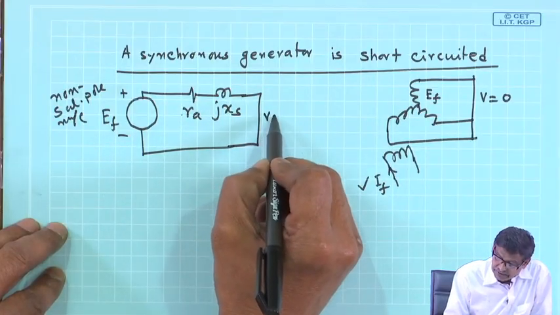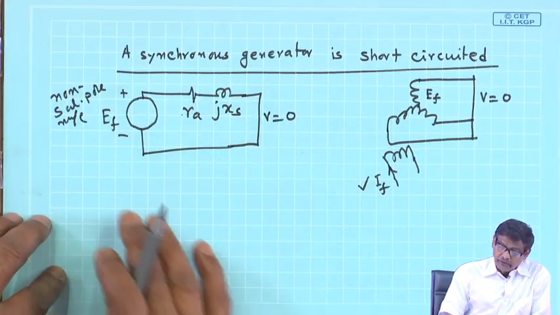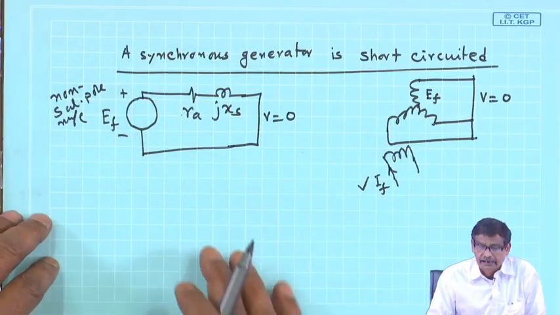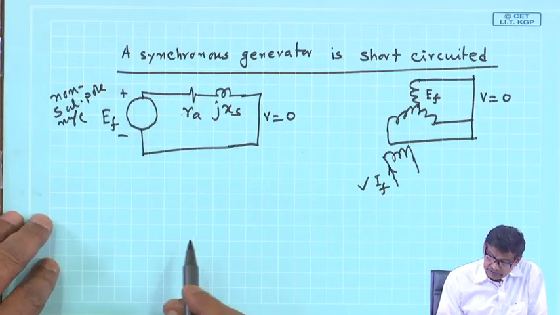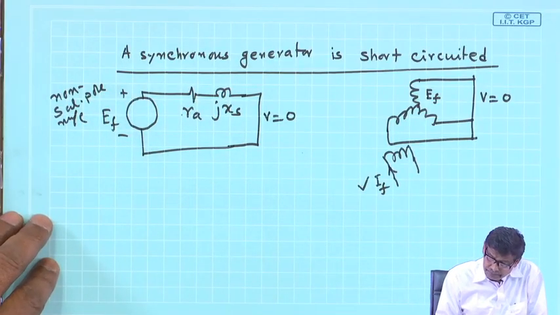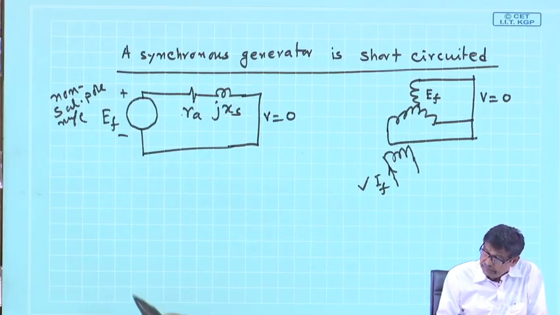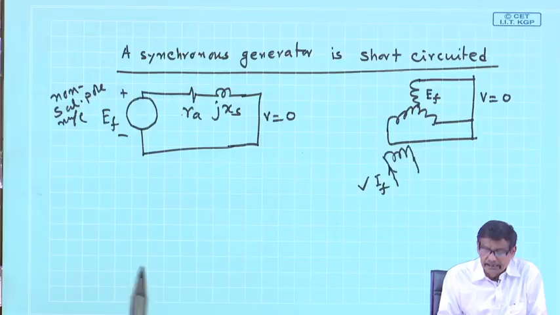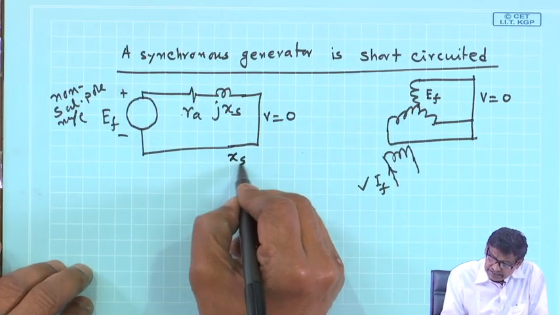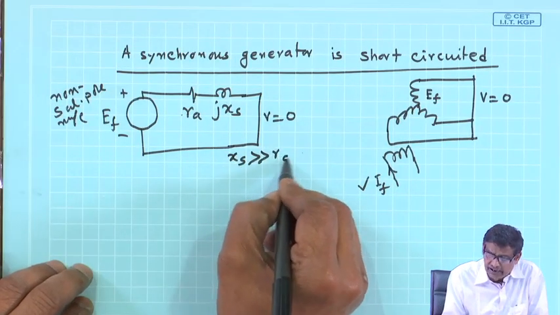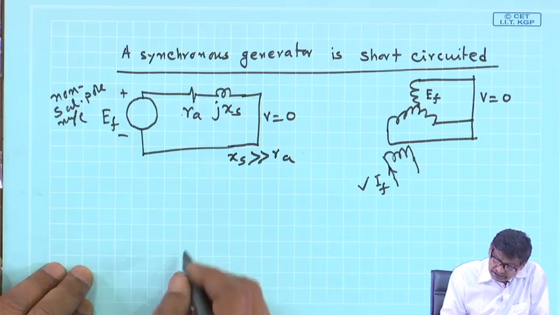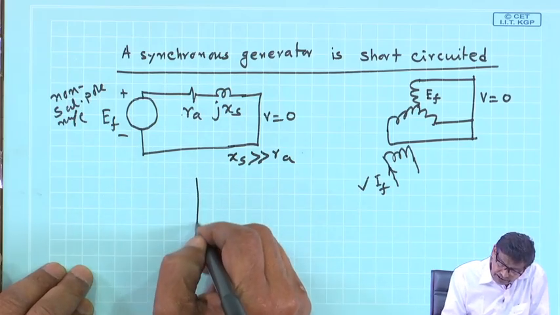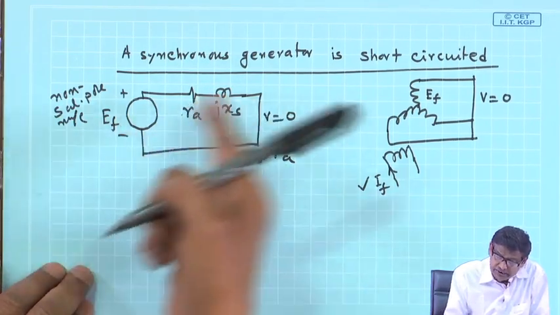Here V equal to 0. So, I want to draw the phasor diagram of this situation. The phasor diagram is like this. There is induced voltage and it is a simple R XS circuit with XS, as we know, much higher than RA.